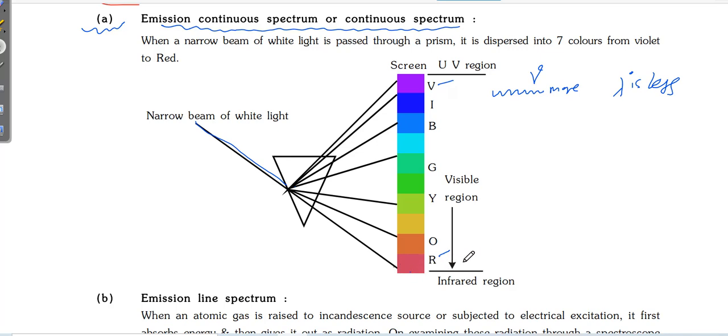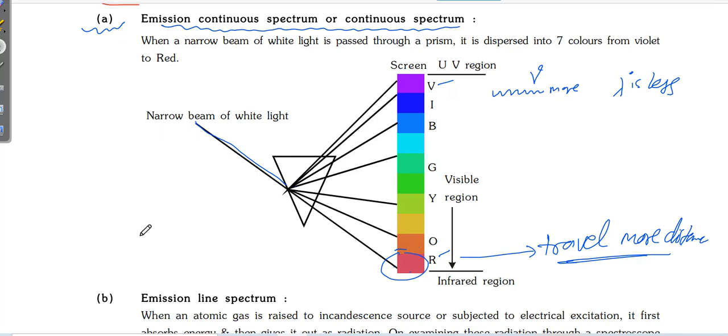That's why it can travel more distance; it is not scattered easily. That's why we use red color in signals as a danger signal, because it should reach more distance whatever the weather condition is. Even with moisture or humidity, this red light can travel more distance.